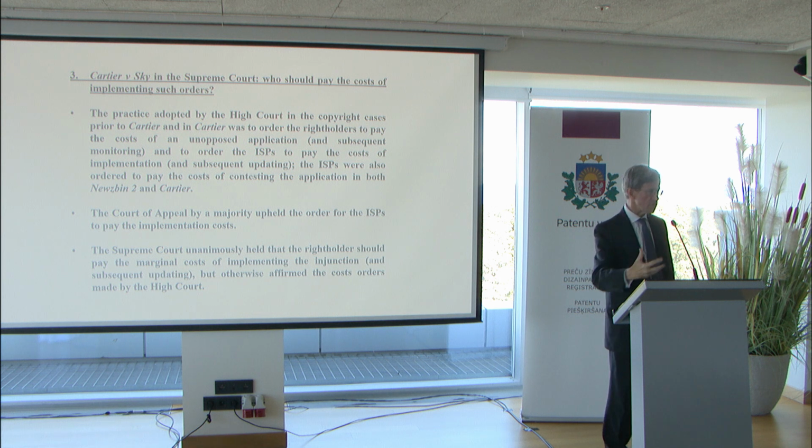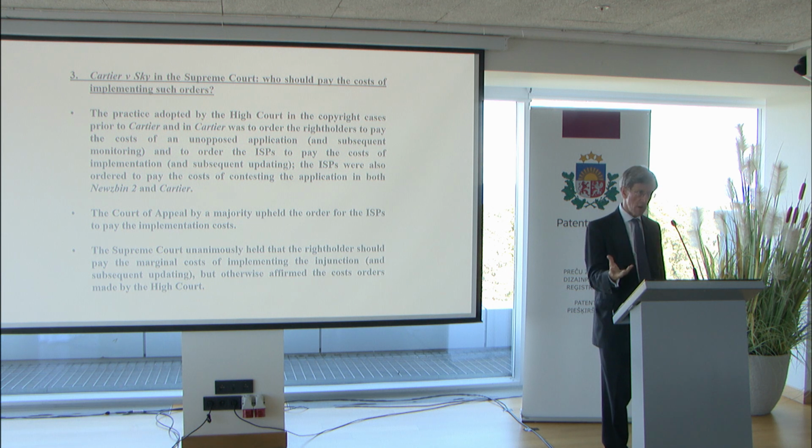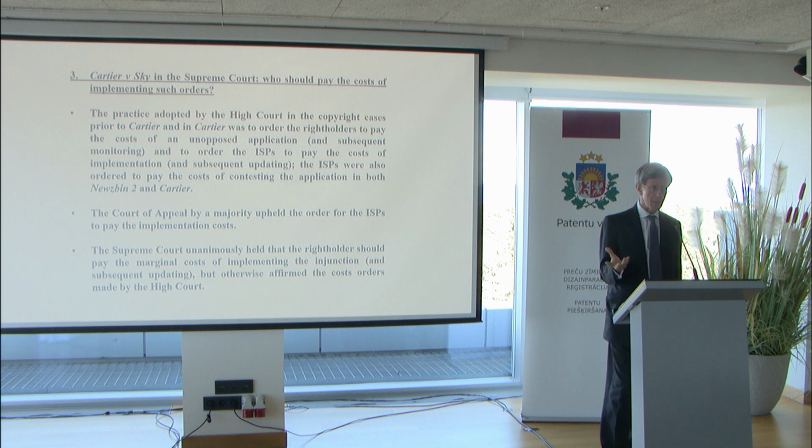So all the costs of evidence gathering, persuading the court that it was appropriate to grant the injunction, were borne by the right holders. Likewise, the monitoring costs after the injunction was granted, that too was borne by the right owners, but the actual costs of implementation, which were quite small, were borne by the ISPs.